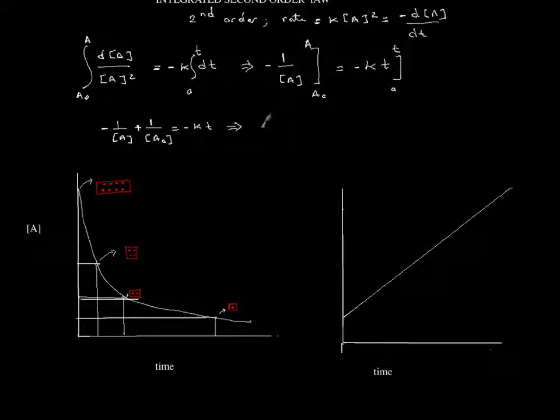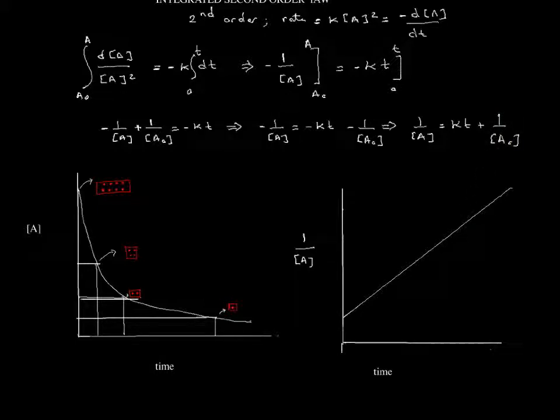So minus 1 over A is equal to minus kt minus 1 over A0. Multiply both sides by minus 1, so everything becomes positive. This is how the graph looks: 1 over A is equal to positive kt plus 1 over A0.